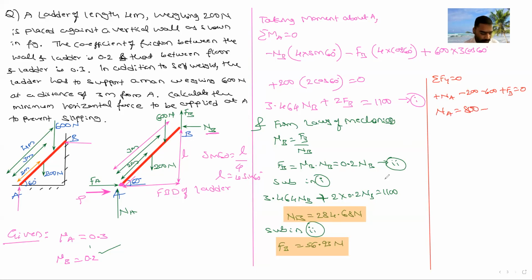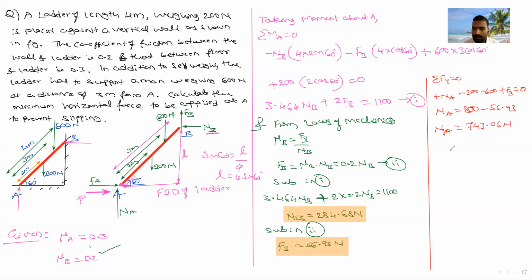What is the FB value? 56.93. So I will get the value of NA. Can you tell me what is the value of NA? 743.07. Okay, 0.06 or 0.07.